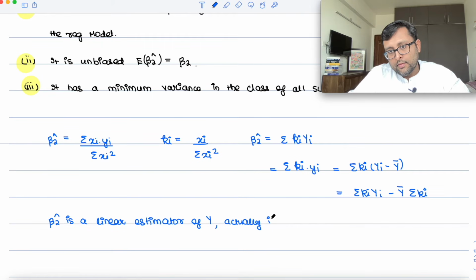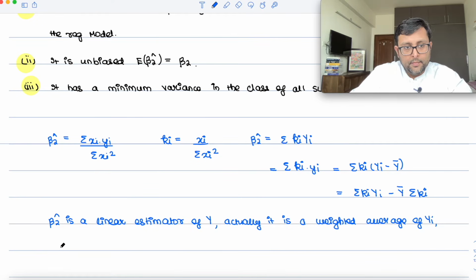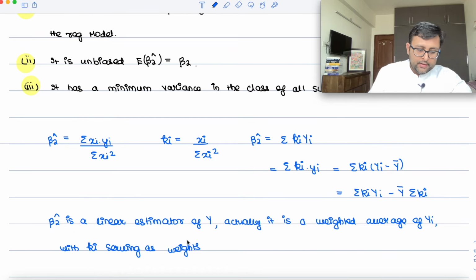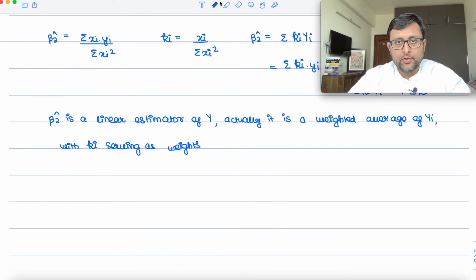Actually, it is a weighted average of yi with ki serving as weights. So it's a linear estimator, first thing. Then there are a few properties of ki which you can write.